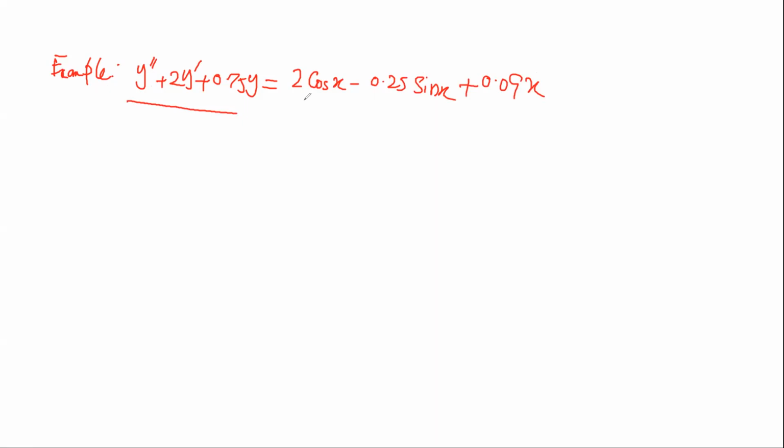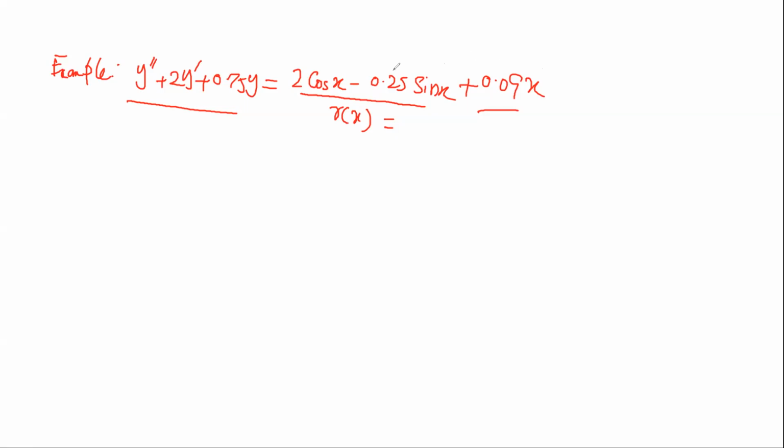So now you can see that this is the equation, and on the right hand side, the r(x) function is actually the sum of two types of functions. We take cosine x and sine x as the same type, trigonometric functions, plus a polynomial function of the first degree. So in this case, the sum rule will apply.